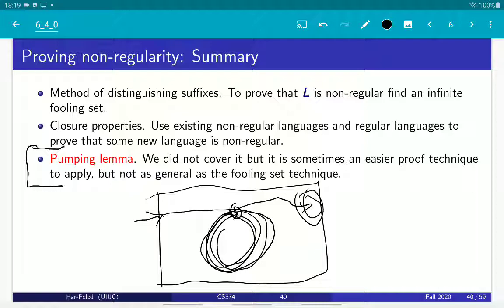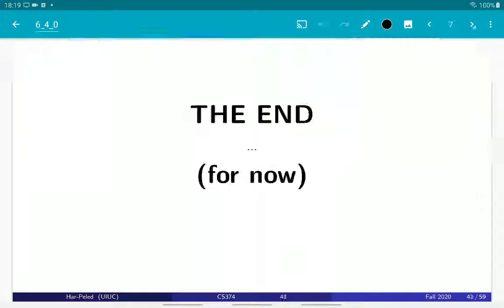So this is the pumping lemma argument. It's somewhat more painful to understand than the fooling set. The fooling sets are more intuitive, but inherently the arguments are equivalent. So those are the three techniques that we are going to use to prove non-regularity. That's it for now.